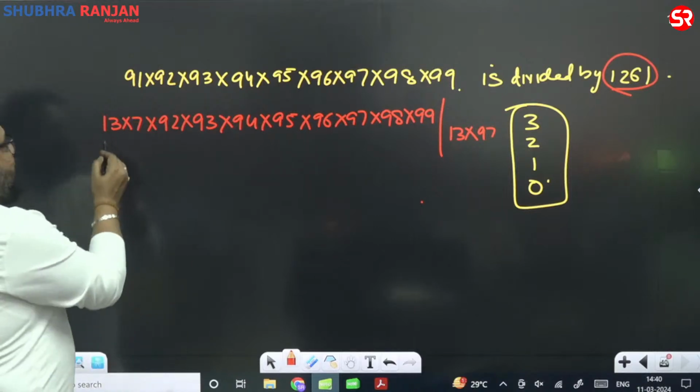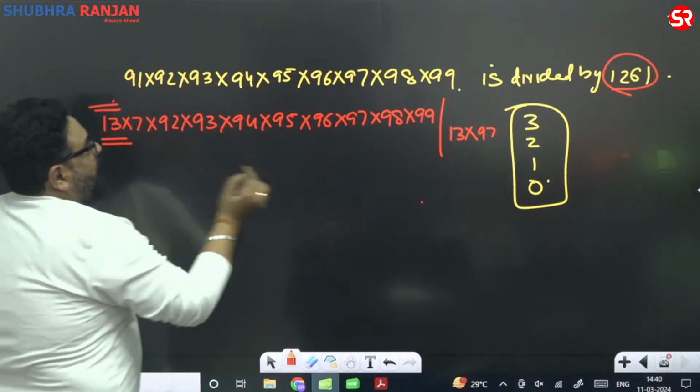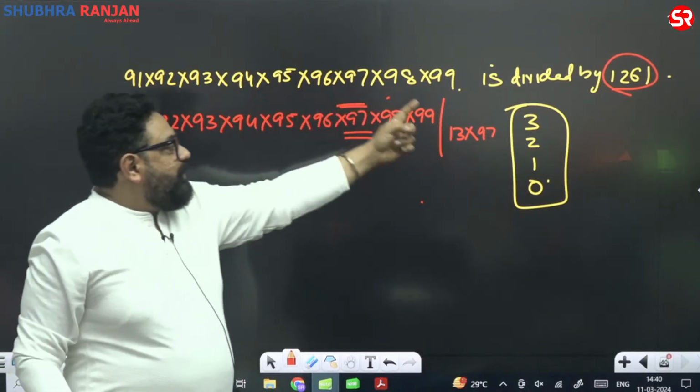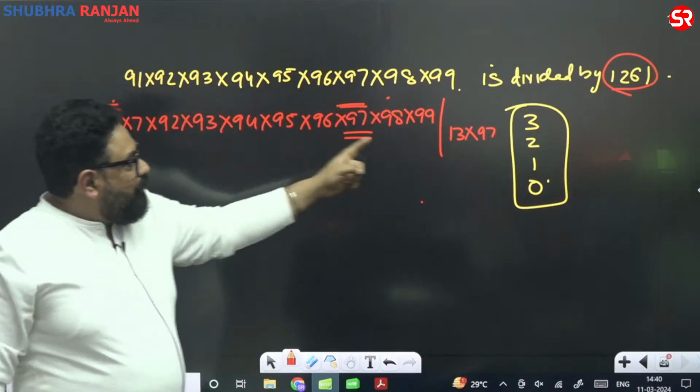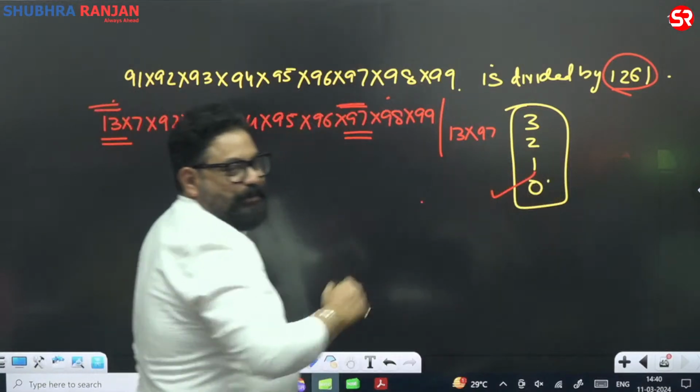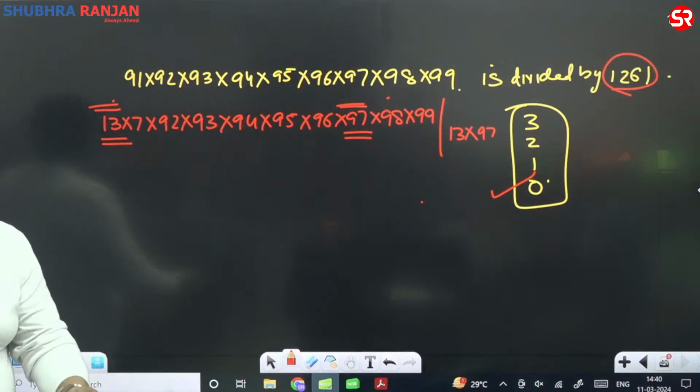There is 13 over here. Yes, sir. There is 97 over here. This number is actually a multiple of 1261. Remainder is 0. This is the beauty.